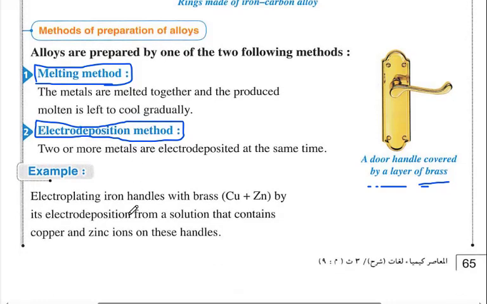So here there are a lot of examples which can be made by electrodeposition or by the melting method, like copper and zinc, when they are simultaneously electrodeposited on the handle of the door, like this. A handle made of steel or iron can be plated or covered by a layer of zinc and copper at the same time.